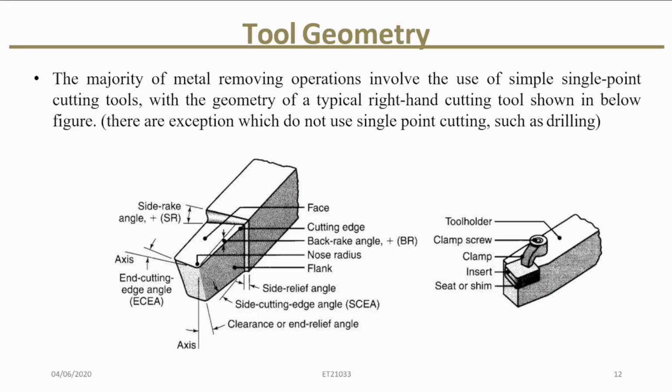I think there are 7 angles: side rake angle, end cutting edge angle, a clearance or end relief angle, and the side angle. These we will discuss in the next slide. You can see this one is the tool holder.